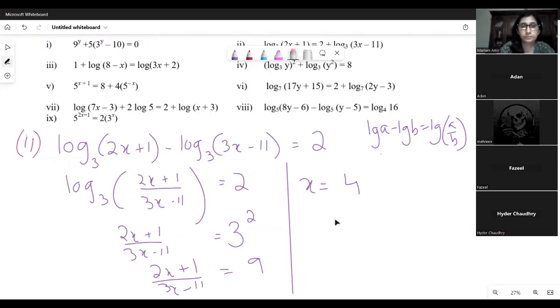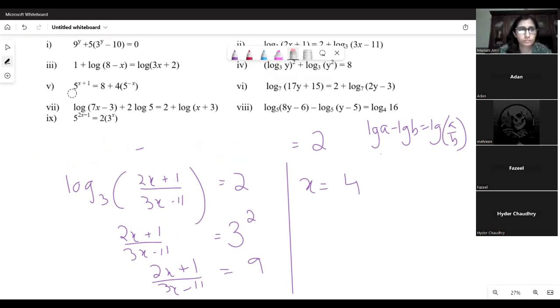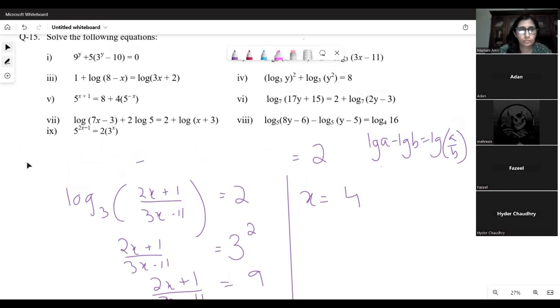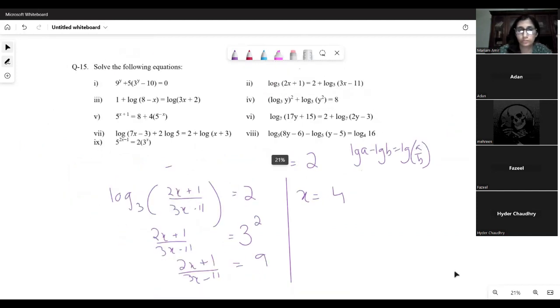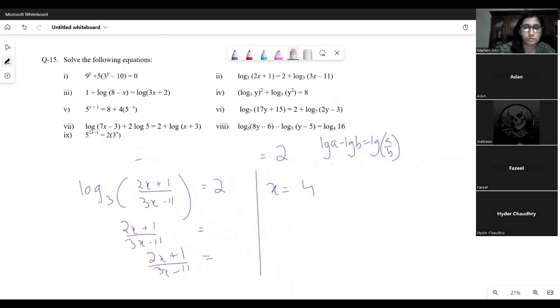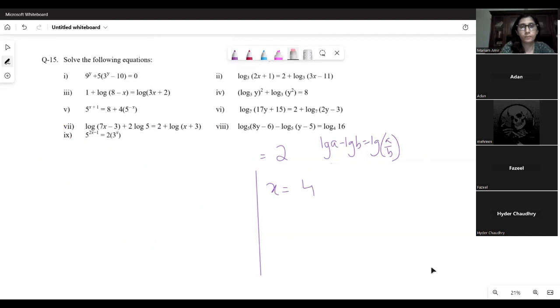Let's do part 3 now. Okay. For part 3, we have 1 equals, going to send the log terms to the same side, log (3x plus 2) minus log (8 minus x).